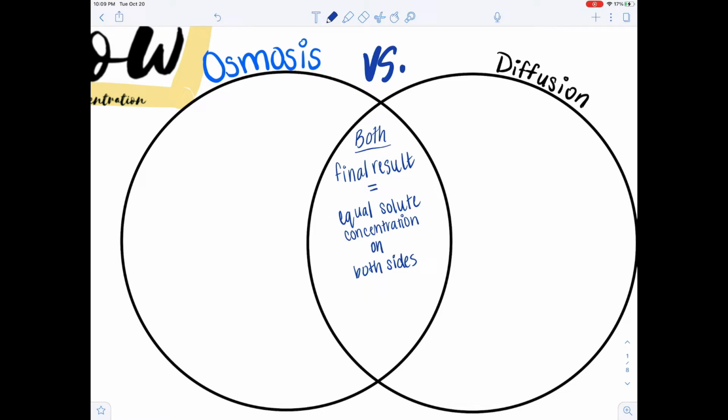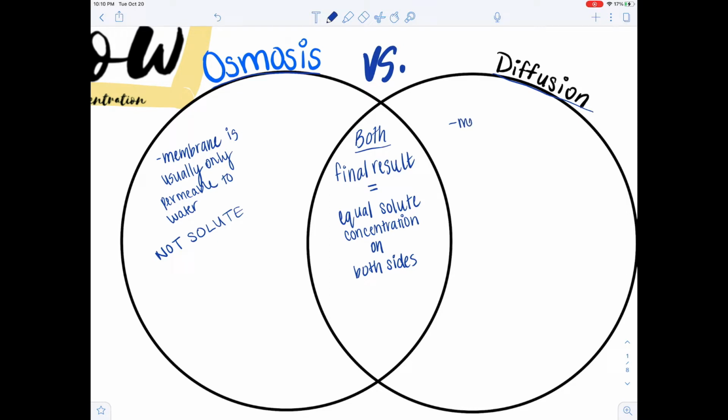Now, the key differences that we're going to see between osmosis and diffusion is that in osmosis, the membrane is usually only permeable to water and not solute. Okay, so that's the key thing for us to remember.